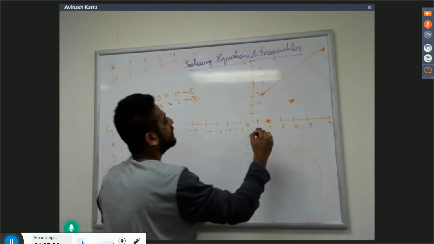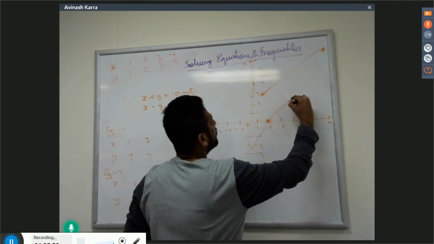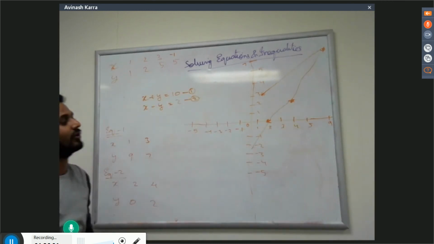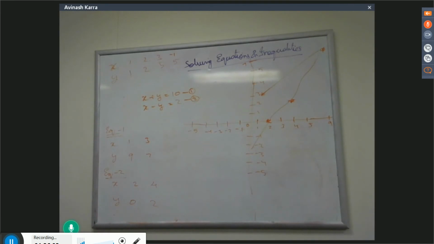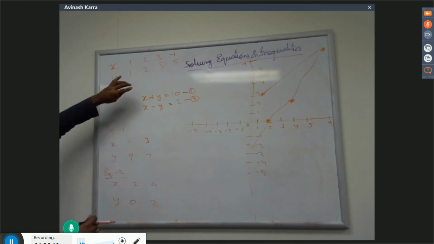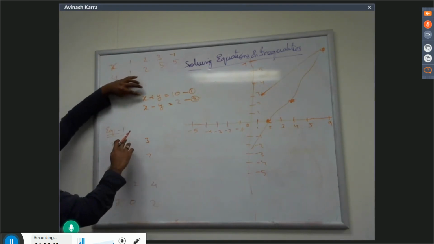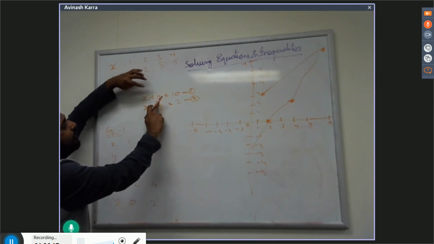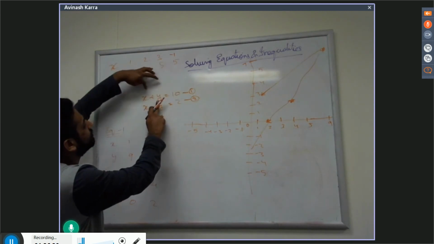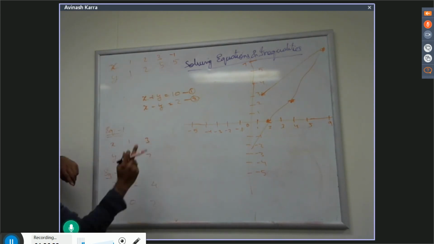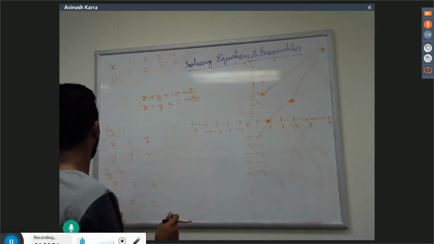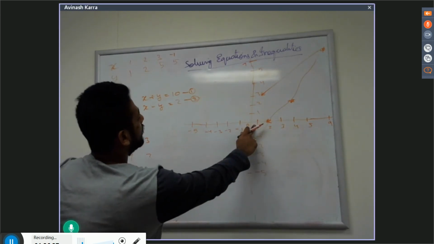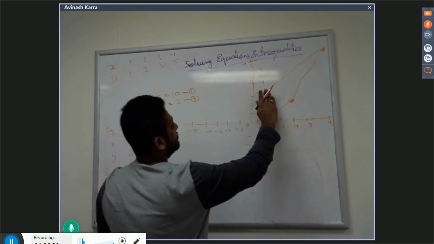For equation 1, shouldn't it be 1 comma 9? Sorry? For equation 1, you put 1 and 3 when it's supposed to be 1 and 9 for the points. When x equal to 1, y is equal to 10 minus 1, right? It will be 9. Oh, sorry, yes.